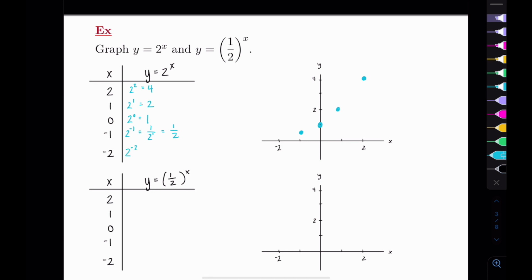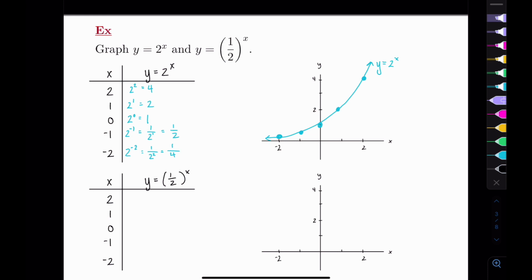Same thing, when I have -2 in the exponent, I flip and move it to the bottom, and 2 squared is 4. So when I plug in -2 for x, my y value is positive 1/4, which is right around here. You can pick more points if you want, but we get a decent picture for this exponential function, y equals 2 to the x.